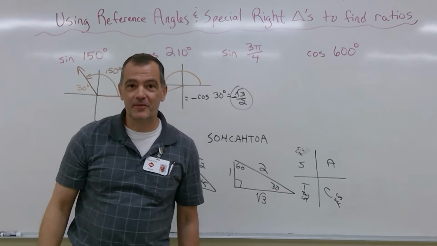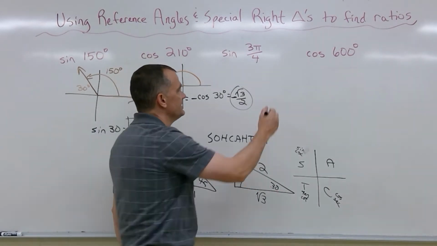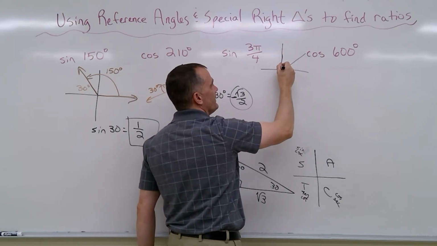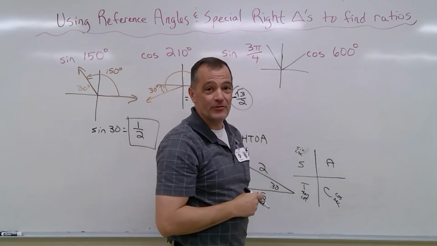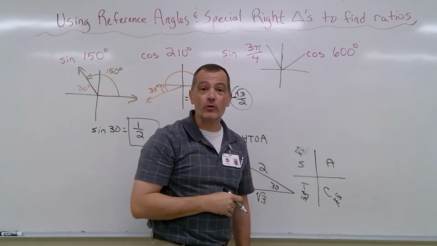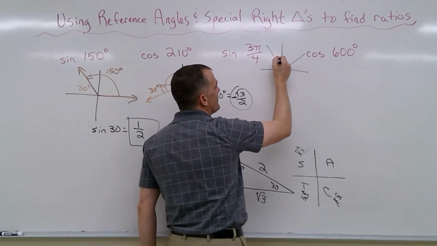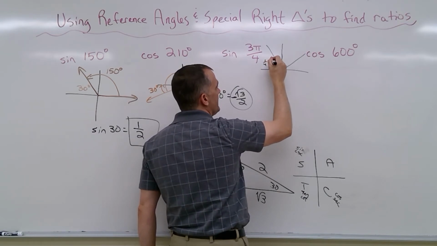Sine of 3 pi over 4. 1/4 pi, 2/4 pi, 3/4 pi. 1/4 pi radians is 45 degrees. So we are right here. Our reference angle is 1/4 pi.